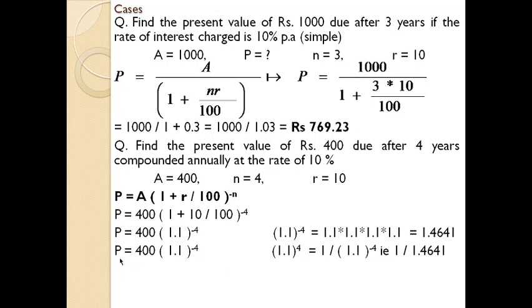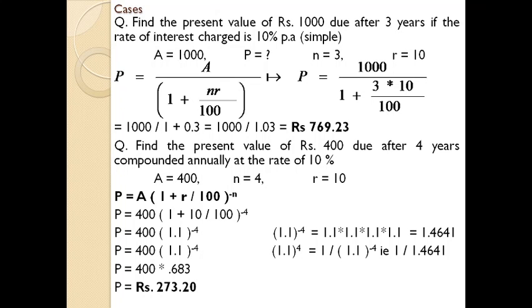I hope you all remember why we divided 1 by 1.1 raised to 4. So if you divide 1 by 1.4641, you will get P equal to 400 into 0.683. Finally, you will get the amount 273.20.